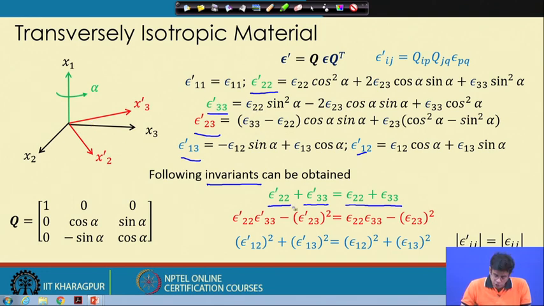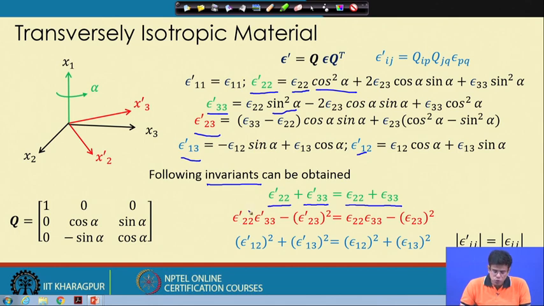It can be derived very easily: if you sum up epsilon prime 2 2 and epsilon prime 3 3, these quantities give sin squared alpha plus cos squared alpha, which is 1. So it gives epsilon 2 2, then the epsilon 2 3 component cancels, and epsilon 3 3 again has sin squared alpha plus cos squared alpha.